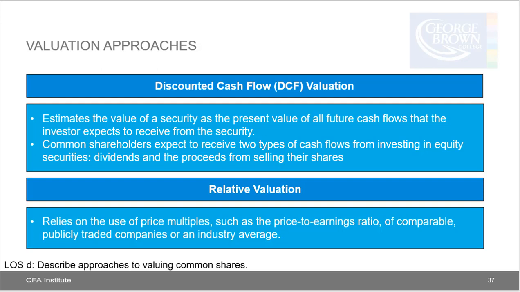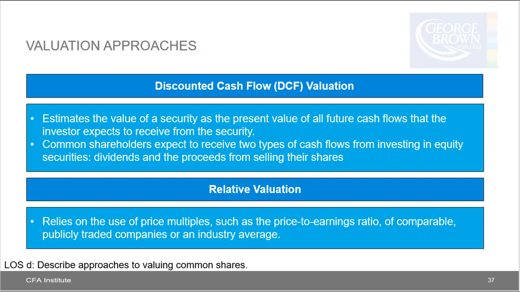So when we looked at the bond, the present value was the coupon payments and the maturity value of the bond, say $1,000 par value. When we're looking at stocks, when we use the discounted cash flow valuation method, we're looking at the present value of the future dividends, and then the present value of selling the stock at some time in the future.